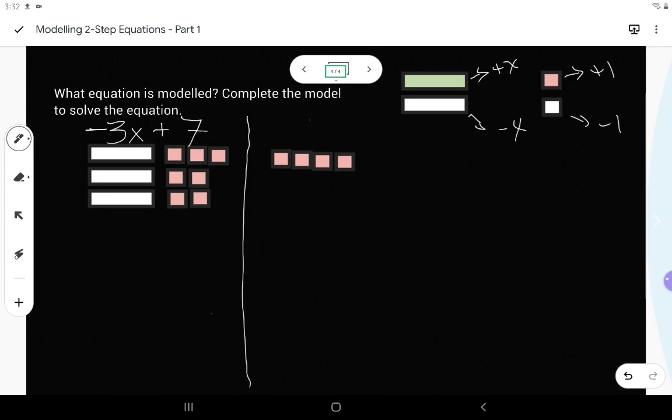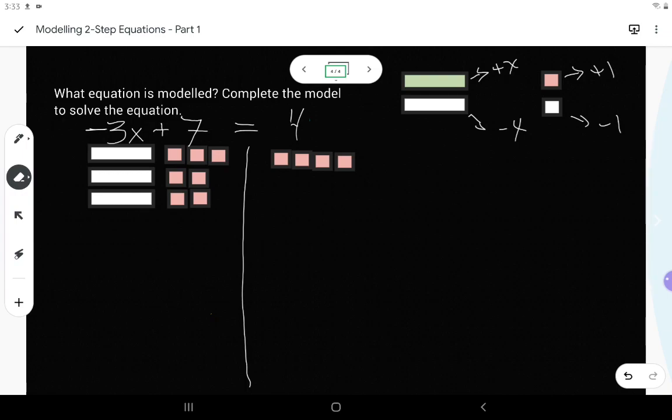So I'm starting off with negative 3x plus 7. Then this right here going down is my equals sign. On the other side, I've got 1, 2, 3, 4 ones, and they're all positive, so I can put that in as positive 4. Now you don't need to put the positive sign there. If it helps you sleep at night, put in the positive sign, nothing wrong with it. But I could just leave it as negative 3x plus 7 is equal to 4.